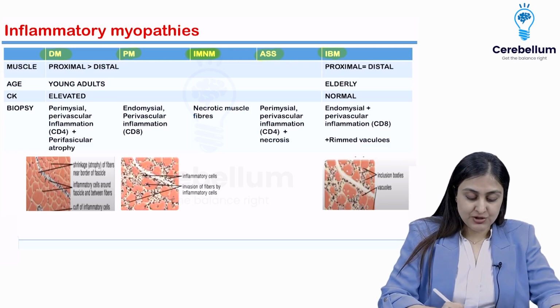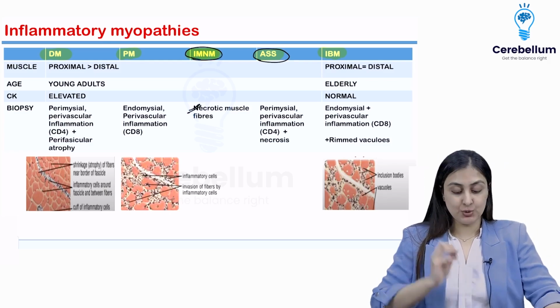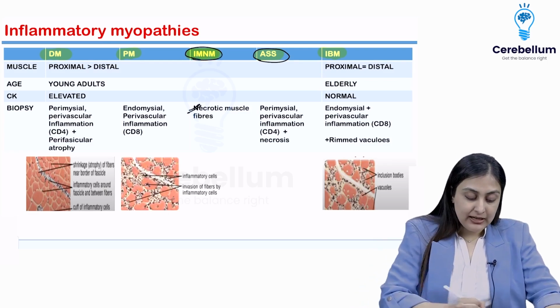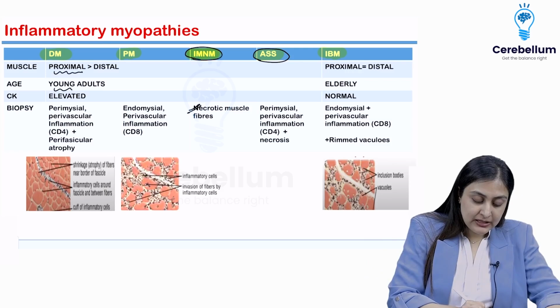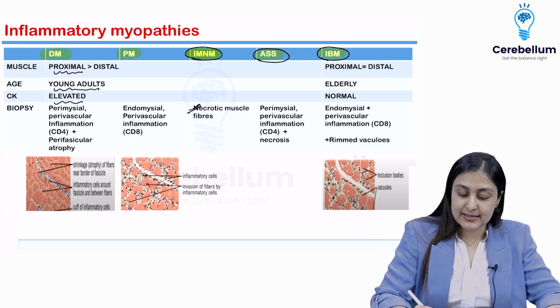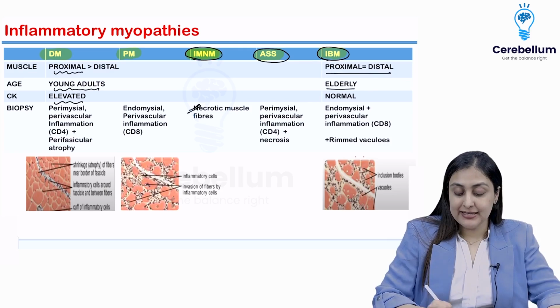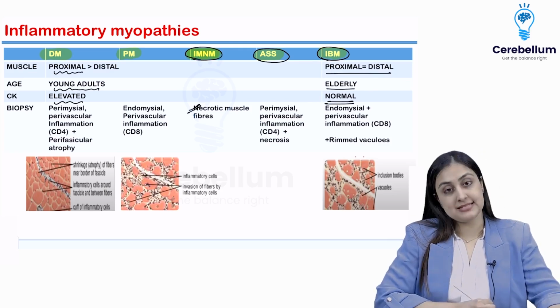Alright, so not much you want to know except for the name here that you're going to be saying necrosis, whereas anti-synthetase I will describe to you in detail. Now remember, everywhere it's proximal, young adults, elevated CK, but inclusion body is an exception where you will have distal muscles also getting involved. You will have elderly patients with a normal CK.